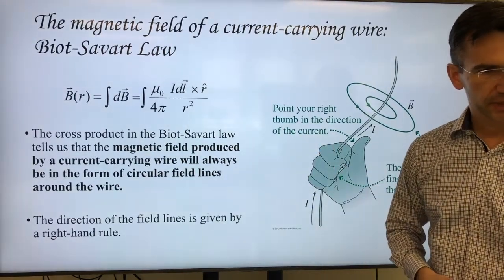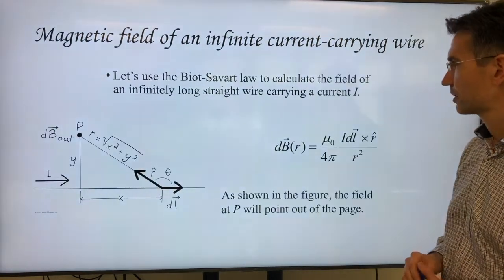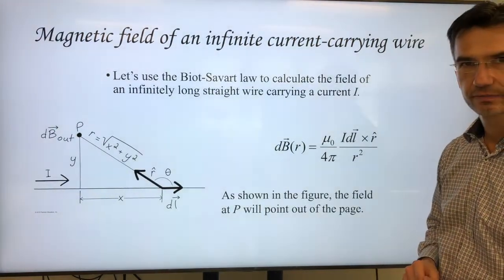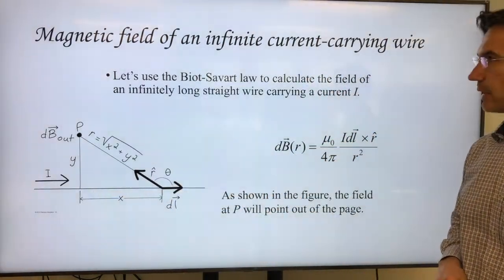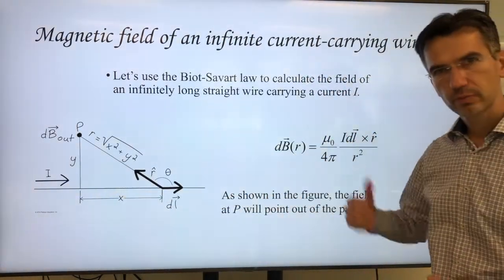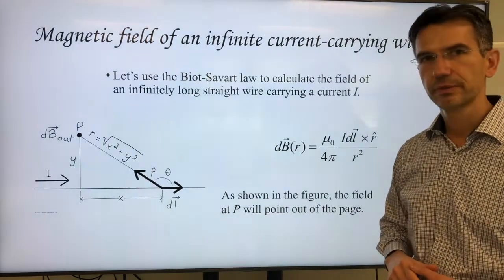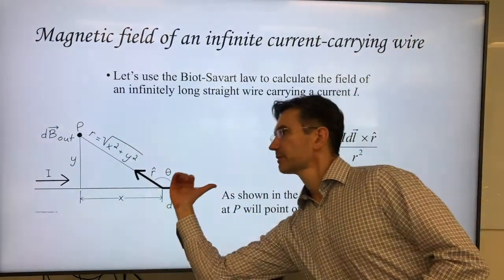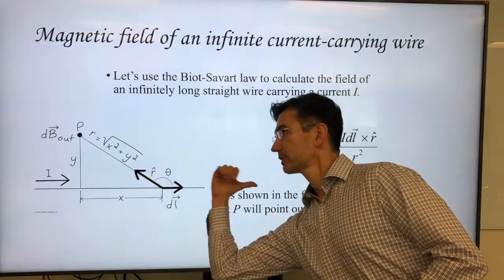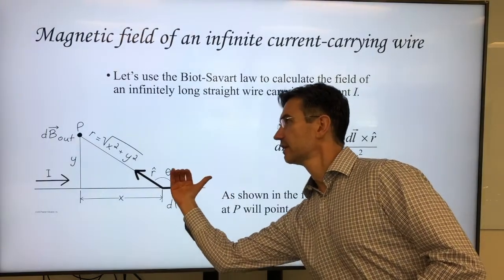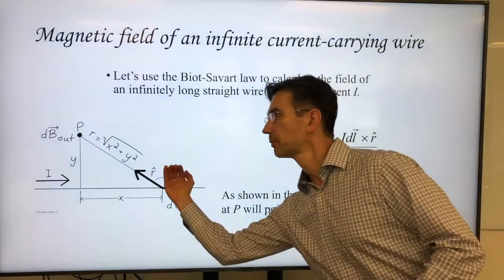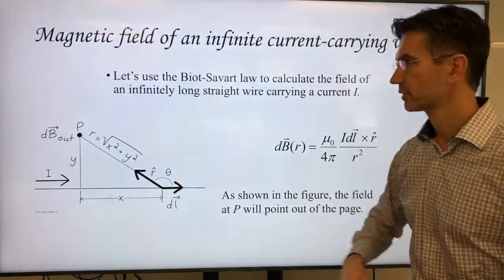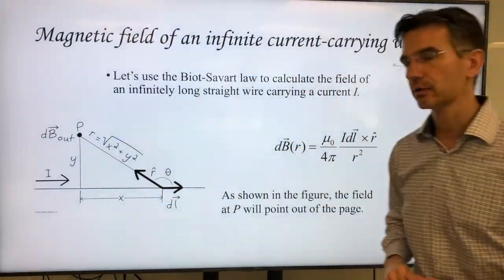So now let's figure out what the strength of the magnetic field is due to an infinite current carrying wire. According to what we just said, using the Biot-Savart law, if we were to grab this wire with our right hand and point with the thumb in the direction of the current, then the magnetic field at point P here is pointing out of the screen, so we've called it dB out.